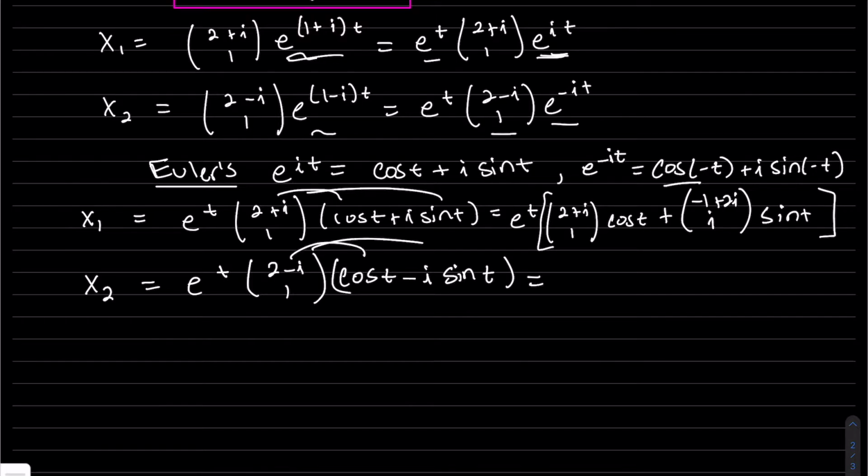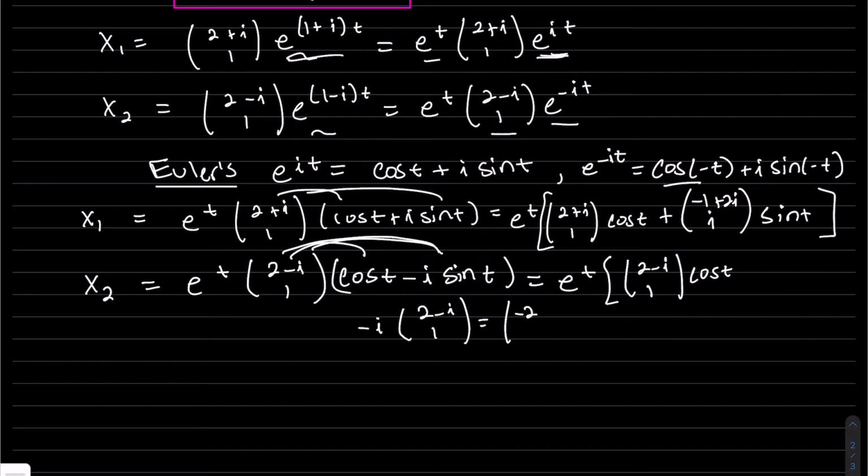So now distributing this. That's easy. And then it'll be minus i when I distribute it to the second one times 2 minus i, 1, which is minus 2i plus i squared minus i, which is, whoops, plus minus 1 minus 2i minus i.